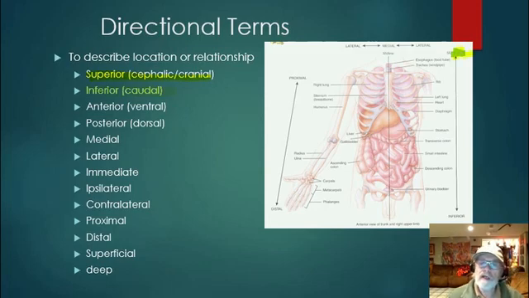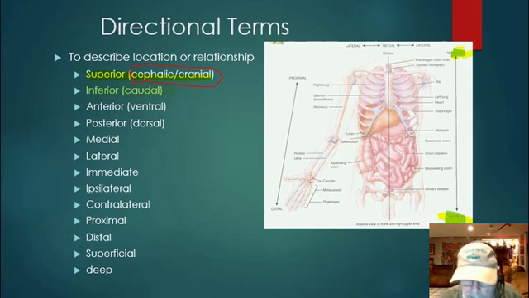Another word for superior is cephalic or cranial, which also means the top. Anything that's closer to the top of the body is superior, cephalic or cranial. Anything that's closer to the bottom of the body is called inferior or caudal.